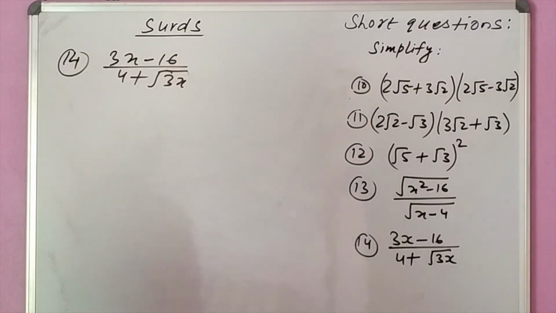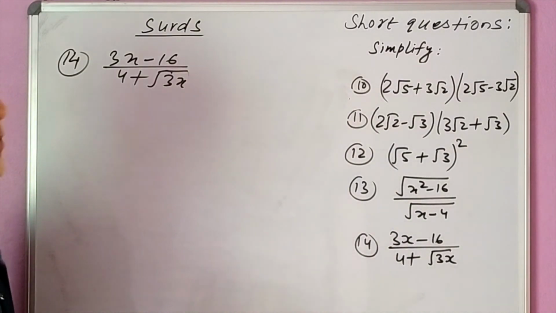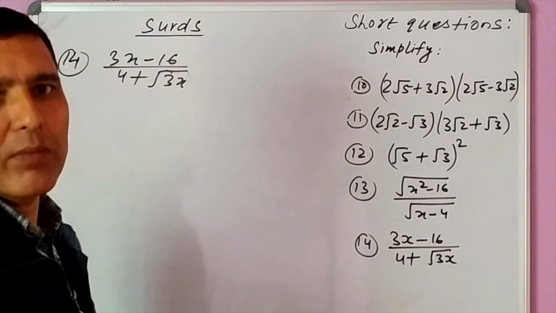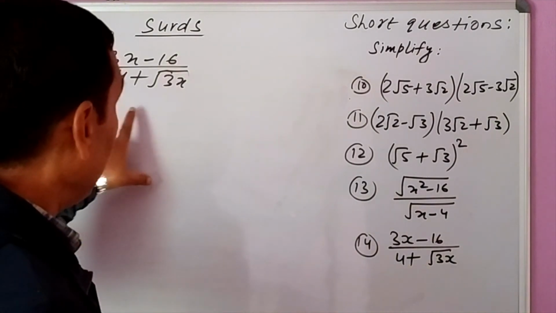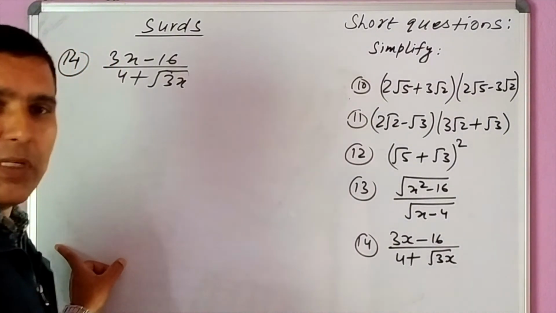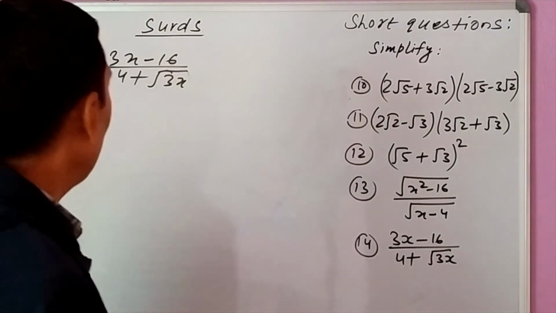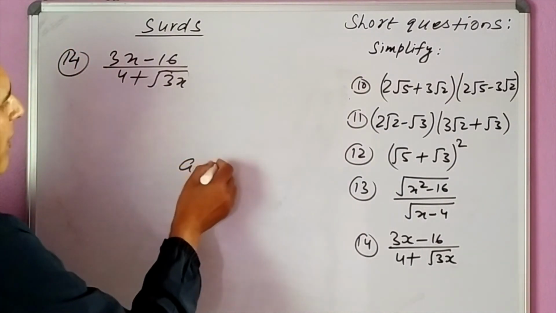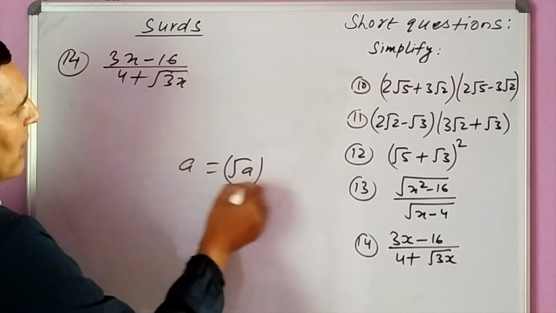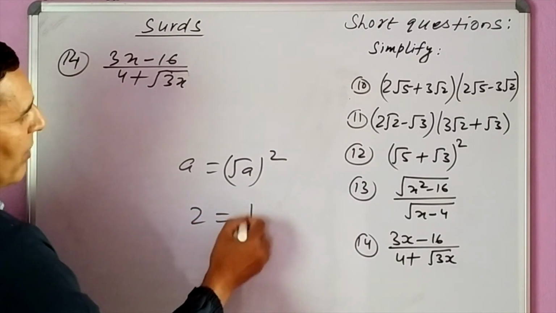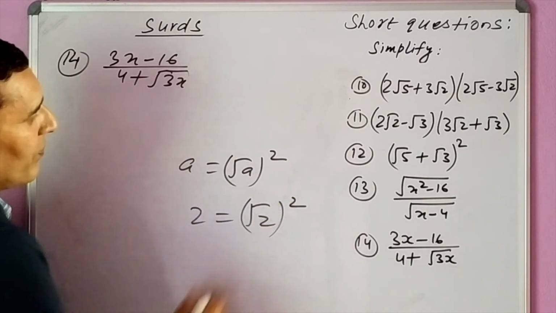We use one technique here, because the numerator also can be written in the form of a square minus b square, so that we can get one common factor in numerator and denominator which will be cancelled. How? For a we can write root a whole square, 2 can be written as root 2 whole square.